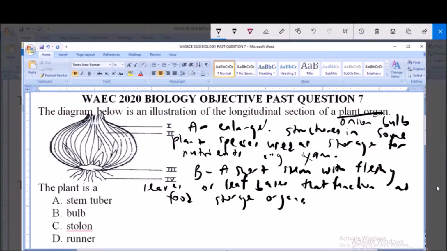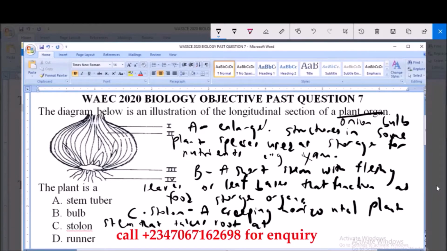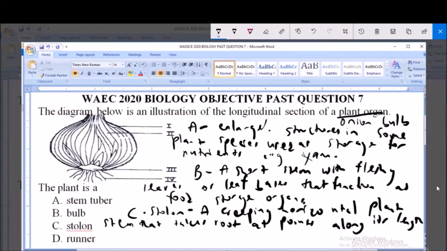Now option C, which is the stolon, is a creeping horizontal plant stem that takes roots at points along its length to form new plants.